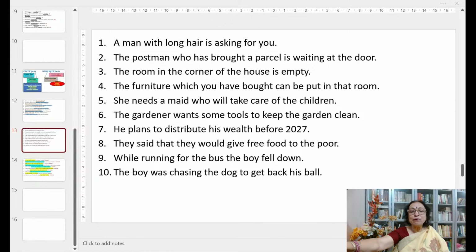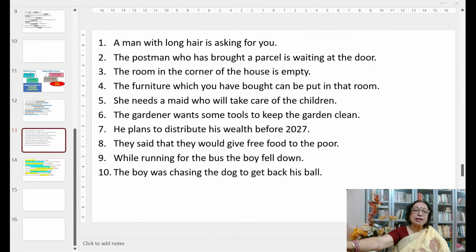There is no finite verb here. So a man with long hair is a phrase. Yes, Shashwati, you've got it correct. Manpreet, you've got it correct. Rajkumar, one is not clause. Rajkumar, one is phrase. A man with long hair, very good. Second is clause. Now, I don't want only phrase or clause. I want the group of words. Okay?